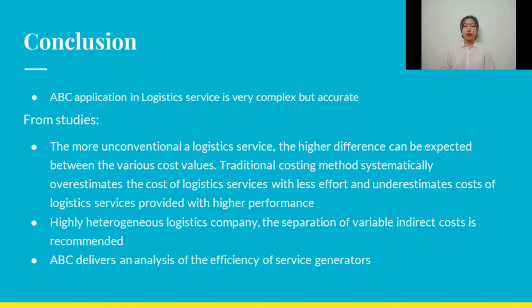The separation of variable indirect costs is highly recommended due to the highly heterogeneous logistics service. Lastly, the ABC method is able to deliver an analysis of the efficiency of service generators. That's all from me. Thank you.